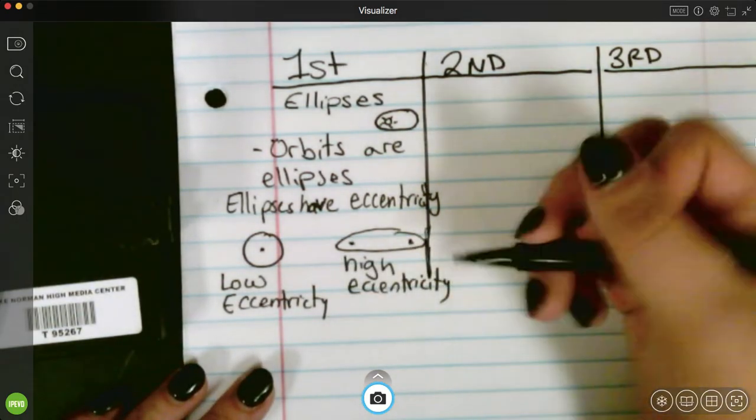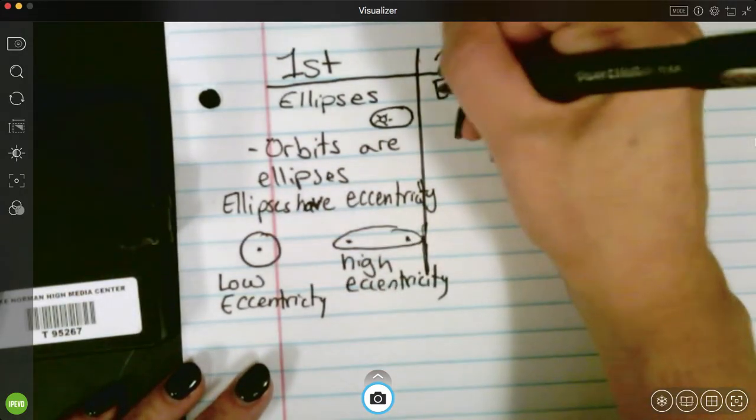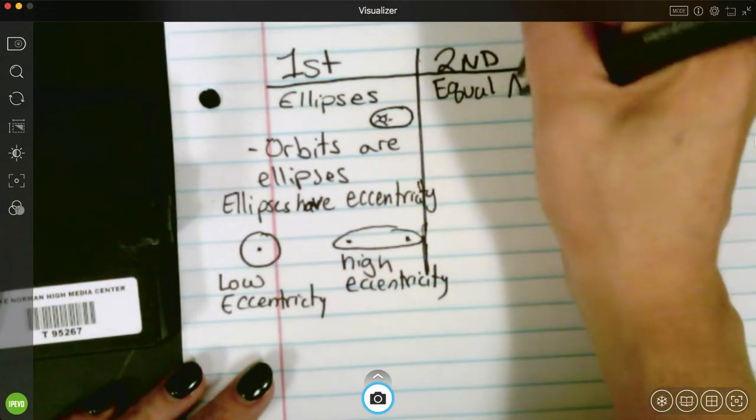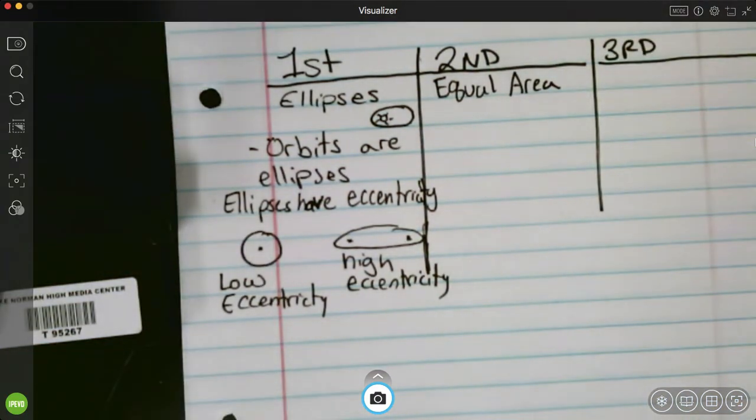Now, what's cool about the first law is it means a second law is necessary. The second law is the law of equal areas. We talked about this with water.